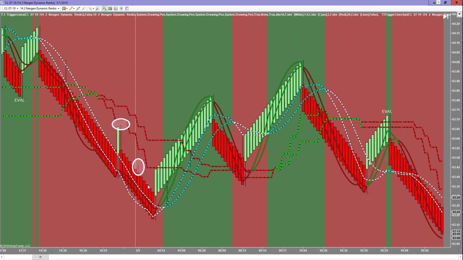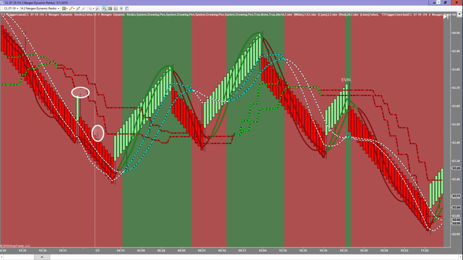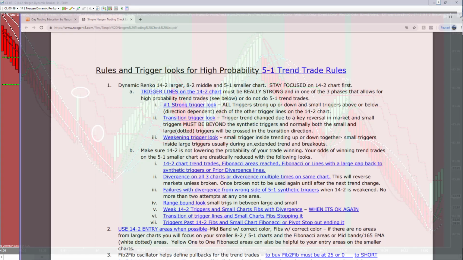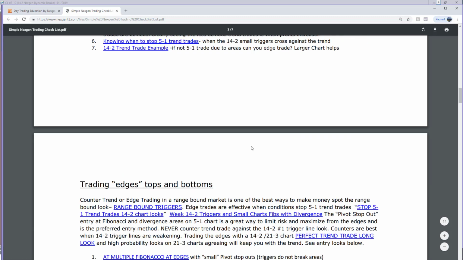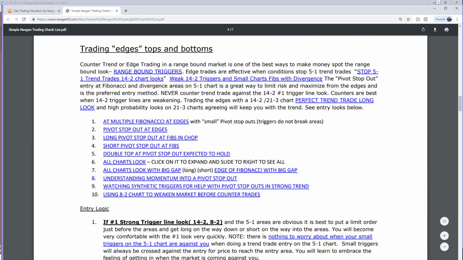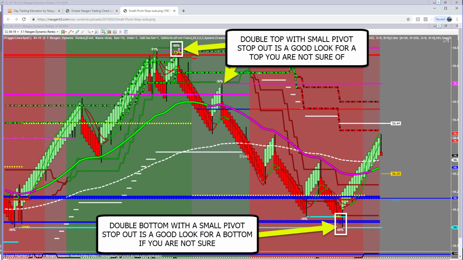Now, the other pattern that we use, and again, this is why I tell people don't shy away from the tops or bottoms. Because, look, the time when you're supposed to stop doing trend trades, if you get the reason to do the counter trend trade, again, when you're studying your chart, you're going to see that this over here was a perfect long trade. It's going to be obvious to you.